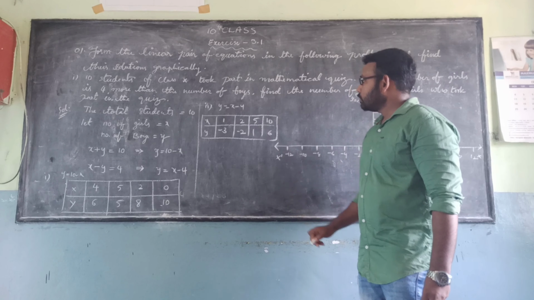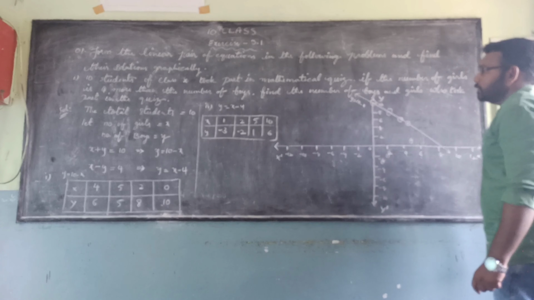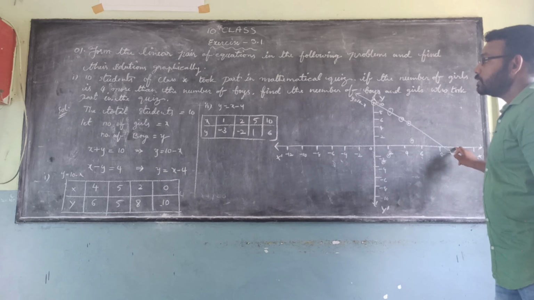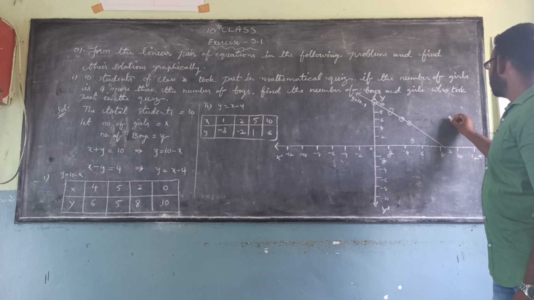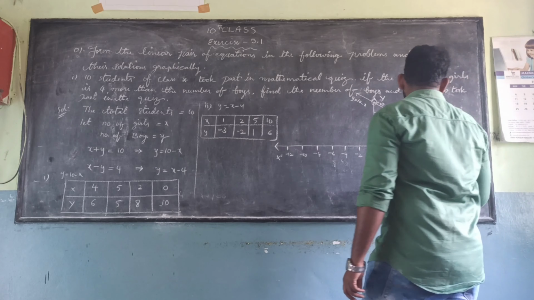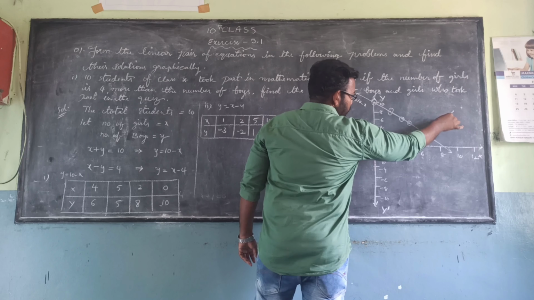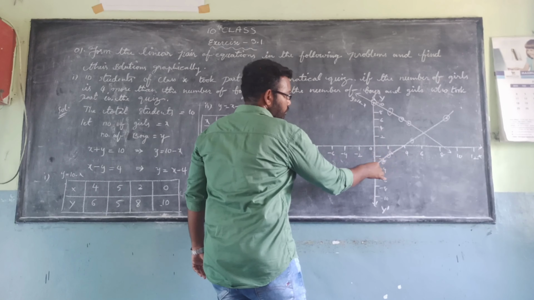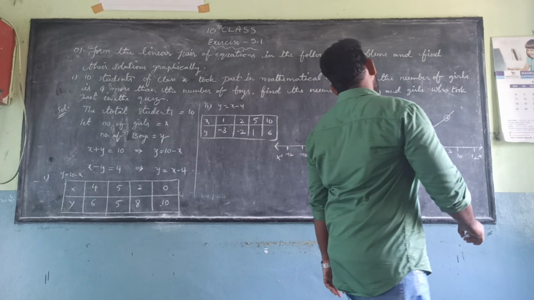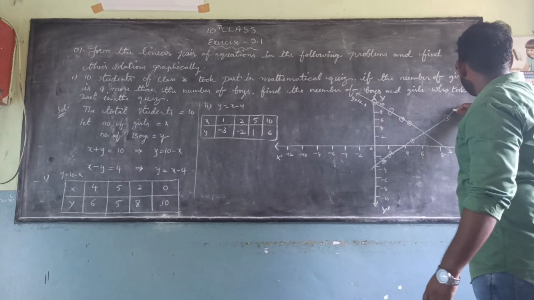When x is equal to 10, y is equal to 6. So here you have to draw a straight line. If you use the graph, you get exactly the pattern.